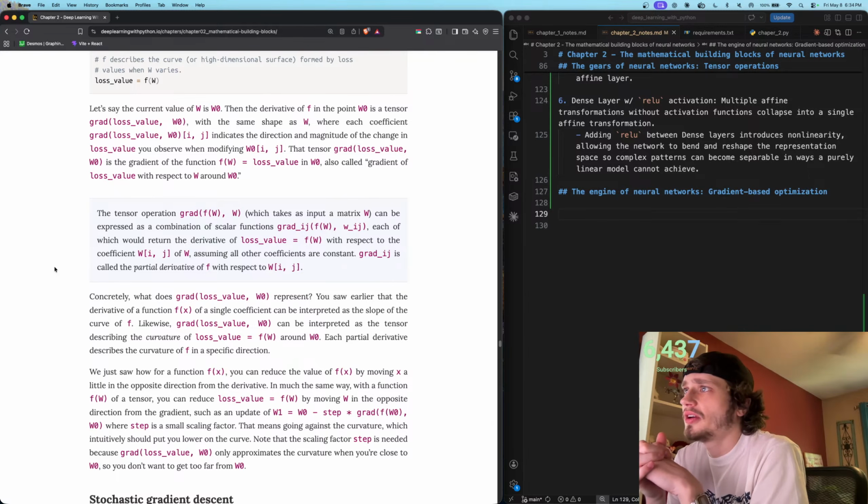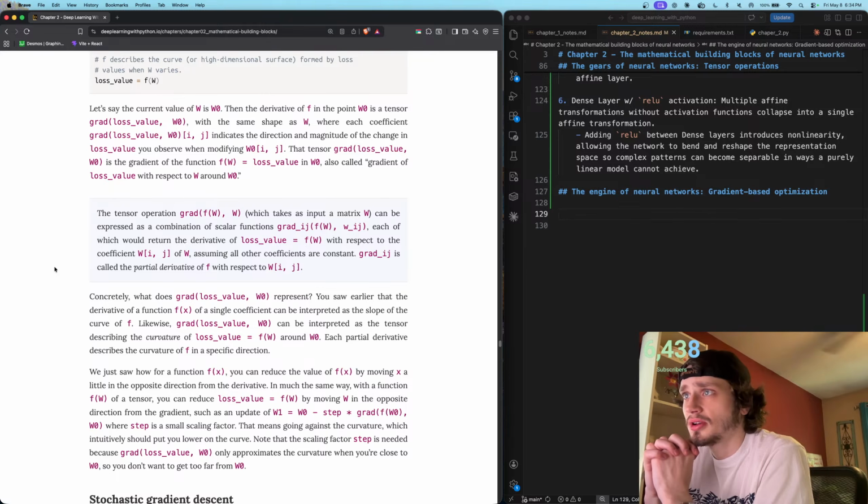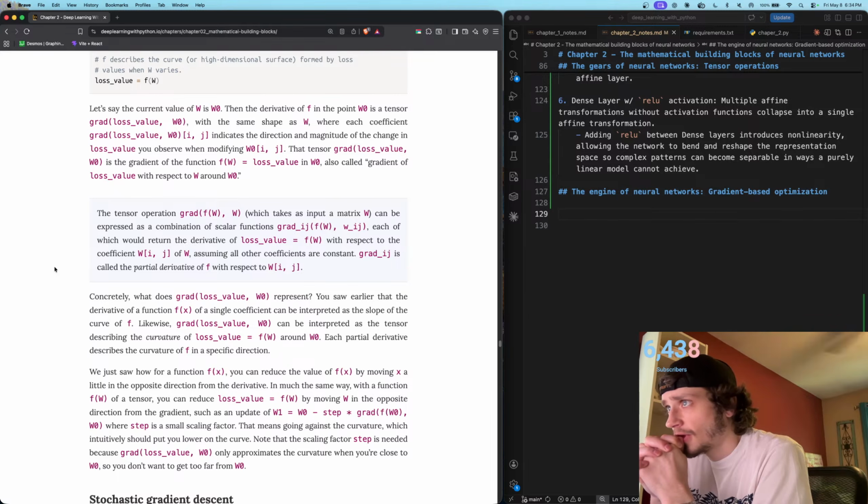Let's say the current value of W is W0. Then the derivative of f at the point W0 is a tensor, right? Gradient loss value comma W0, with the same shape as W, where each coefficient at some weight indicates the direction and magnitude of the change in loss value you observe when modifying some weight.